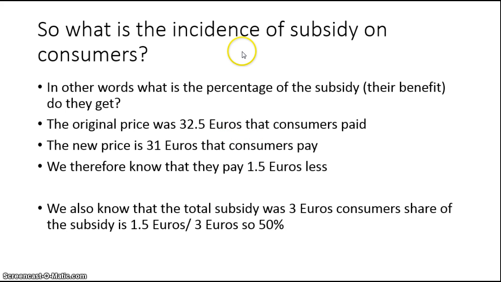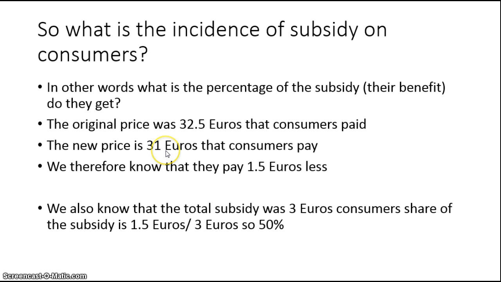A little bit different than the incidence of tax, the subsidy is all about benefits. So rather than talking about a burden, we're talking about what benefit the customer gets from the subsidy. What do they get? We know the original equilibrium price was €32.5. We also know the new price that the customer gets.